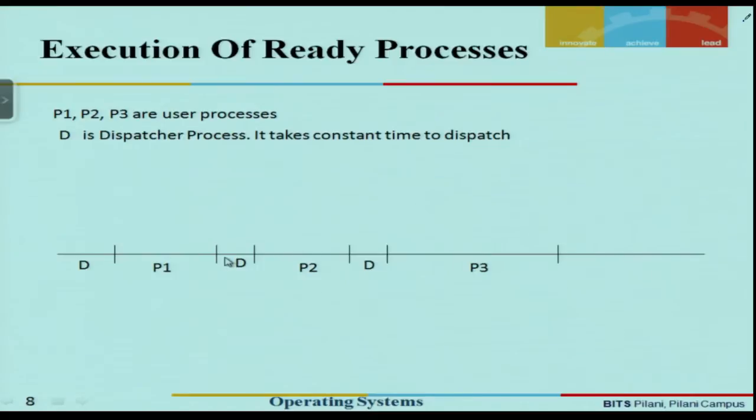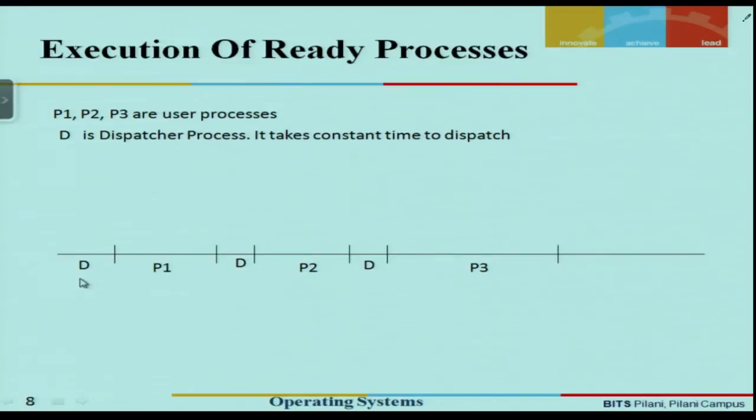Once again the dispatcher is invoked, and it picks up P2 from the 2 remaining processes and dispatches it. Then, once P2 is over, the dispatcher gets executed again, and it executes P3. So after the execution of every process, the dispatcher is going to execute.